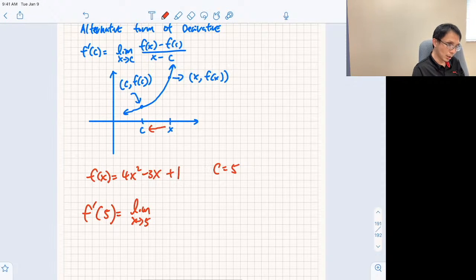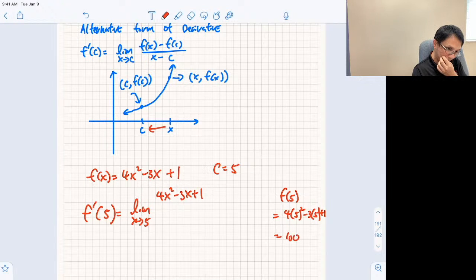Okay, good. And then I get f of x. What's f of x here? 4x squared minus 3x plus 1. Good. And what is f of 5? I have no idea what f of 5 is, so I'm going to evaluate it. 4 times 5 squared minus 3 times 5 plus 1 equals 100 minus 15 plus 1. So you say 86. Ooh, that's an ugly number. Minus 86.